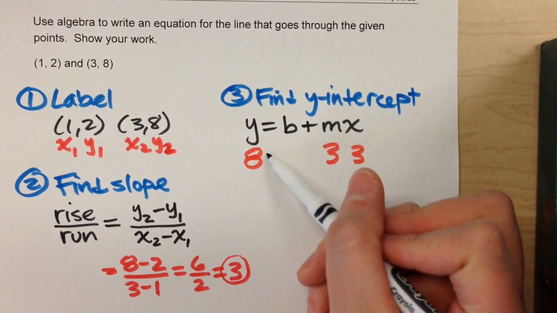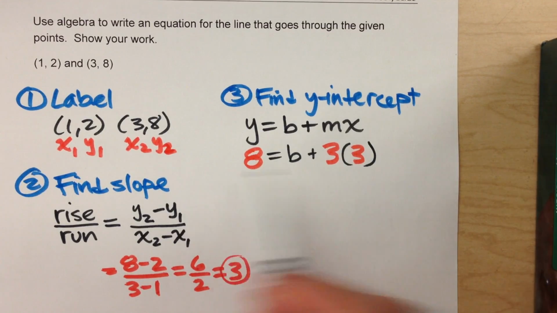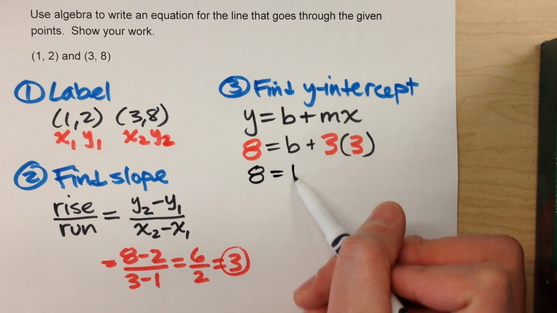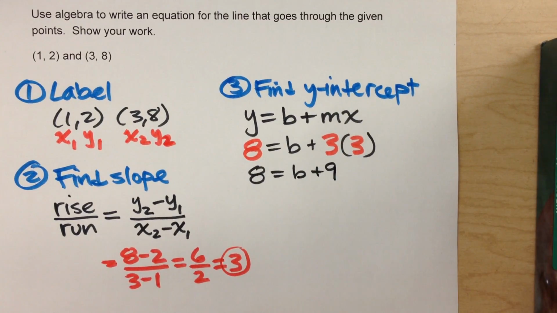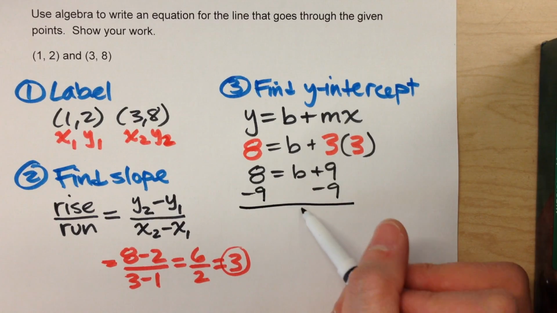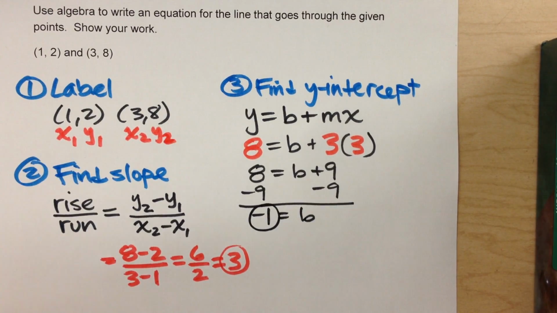And now I'm just going to solve this and figure out what it equals. So this is 8 equals b plus 9. Minus 9 from both sides. B equals negative 1. That's my y-intercept, negative 1.